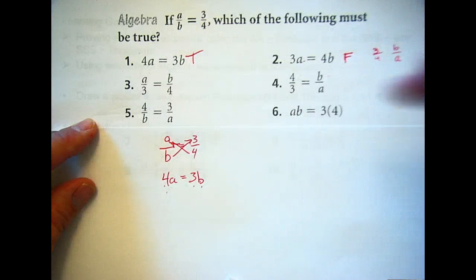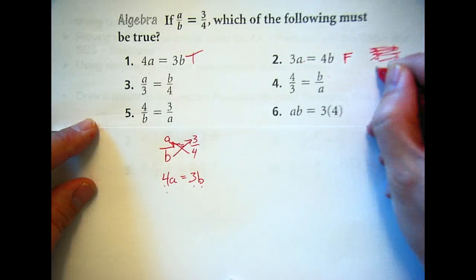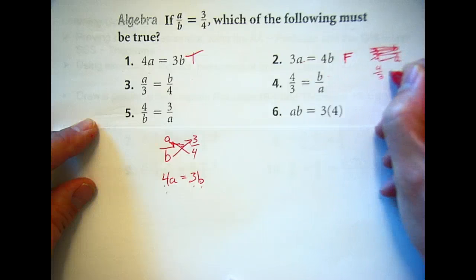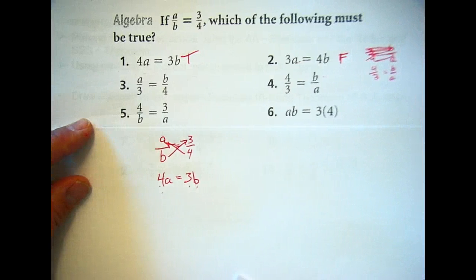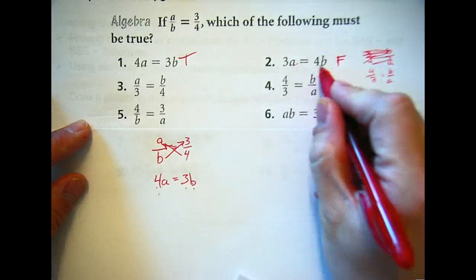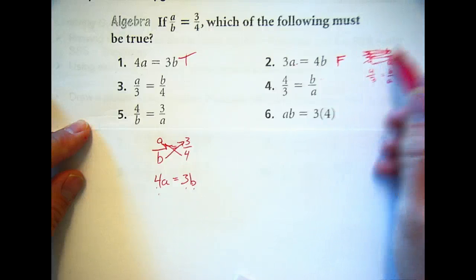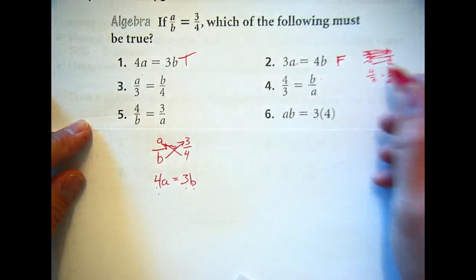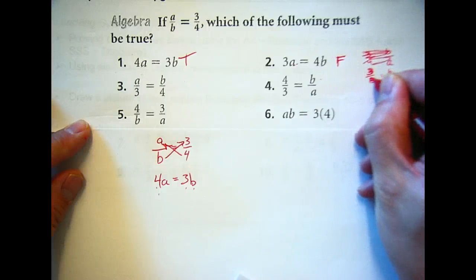Or flip the other way. It would either be that one or it'd be 4 and 3 and B and A. In order for 3 to be on top, yeah, 3 would be on top. 3 over 4.